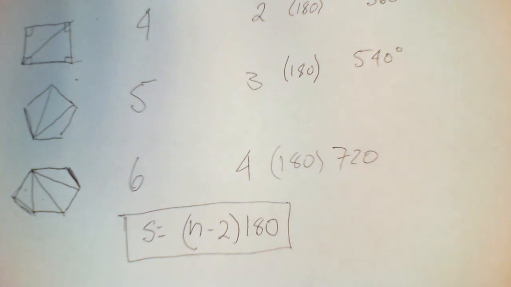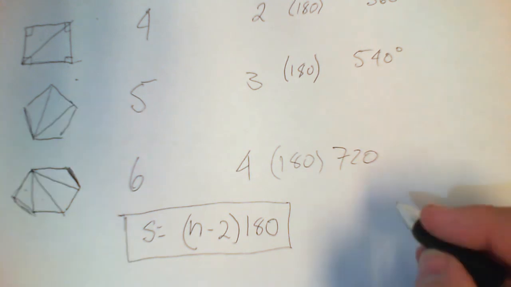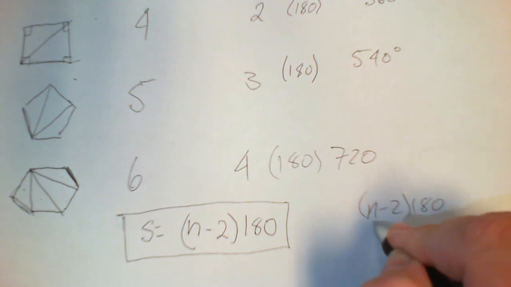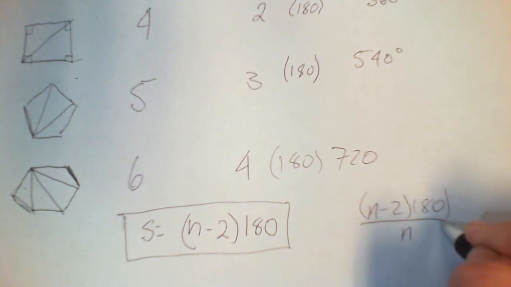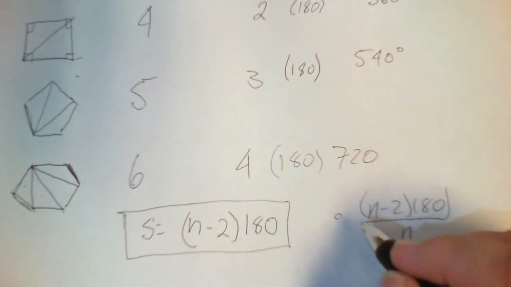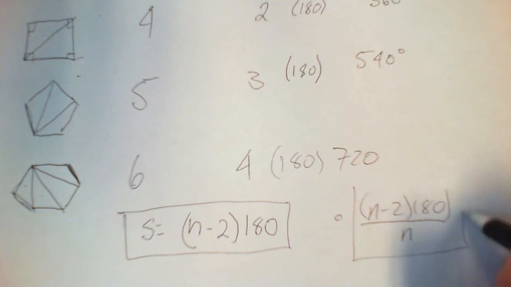To get each interior angle, I would just divide all of that by the number of angles or sides that I have. Does that make sense?